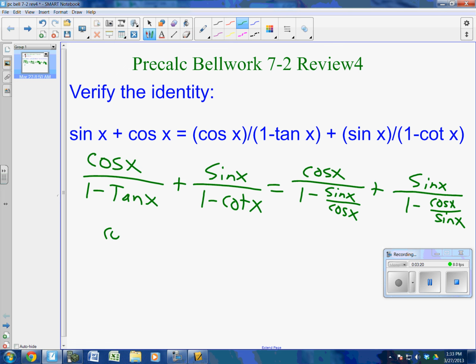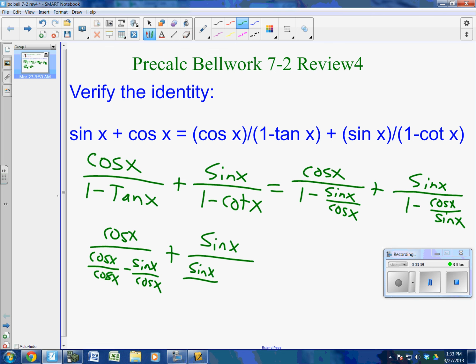So we have cosine of x over cosine of x over cosine of x minus sine of x over cosine of x, plus sine of x over sine of x minus cosine of x over sine of x.